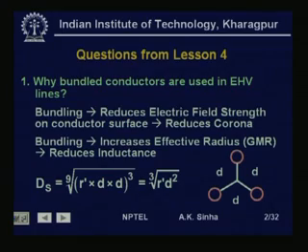As seen from here, the effective radius for a 3 conductor bundle, which are spaced at a distance d from each other with a radius r', is given by the 9th root of r' into d whole cube, which is equal to the cube root of r' d squared.